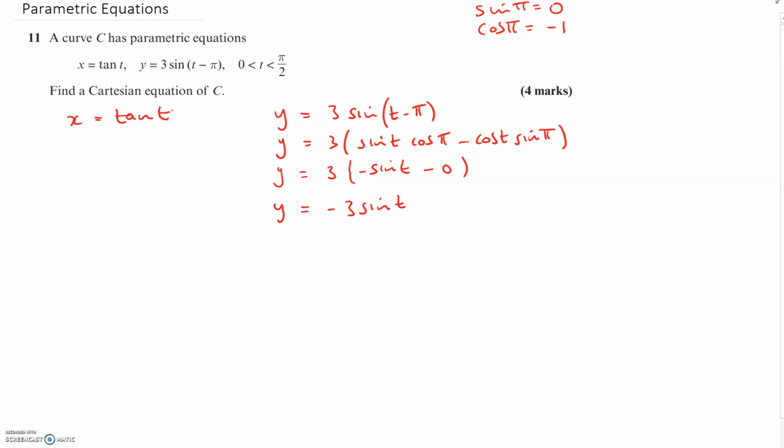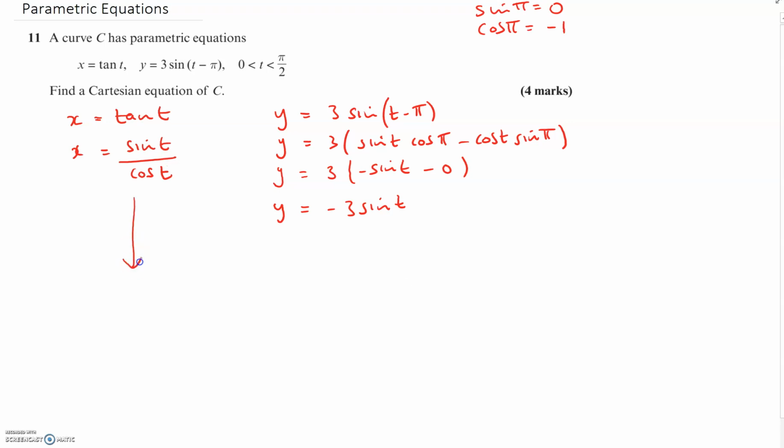Remember, we think about how we can relate the two of those. So x is just sine t over cos t. Okay, so what we want to do is try and eliminate anything in t. So we can eliminate the sine t's, but we can't yet eliminate the cos t.